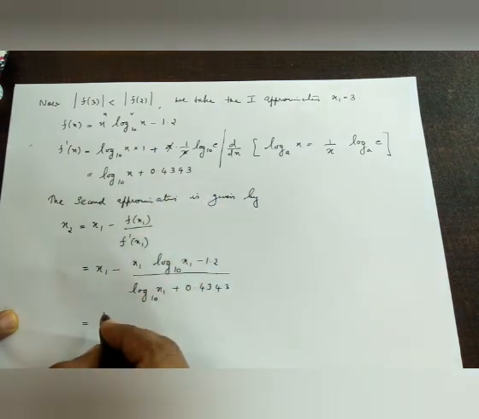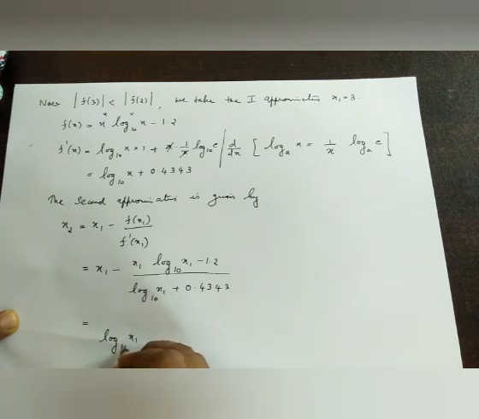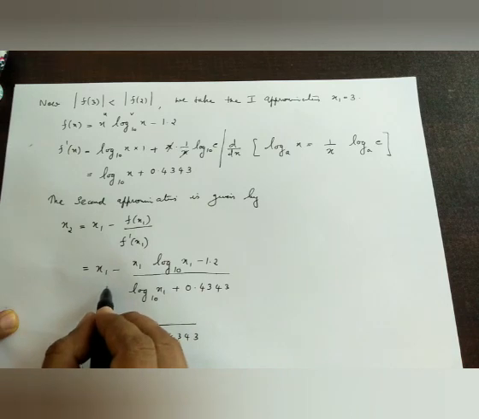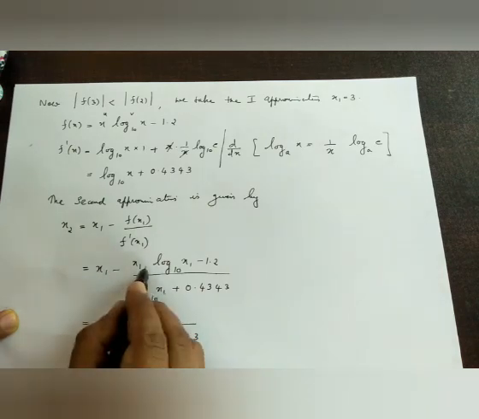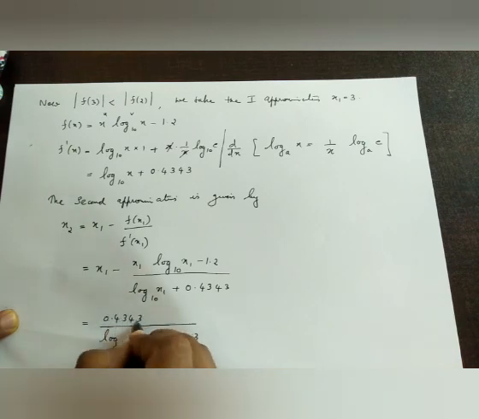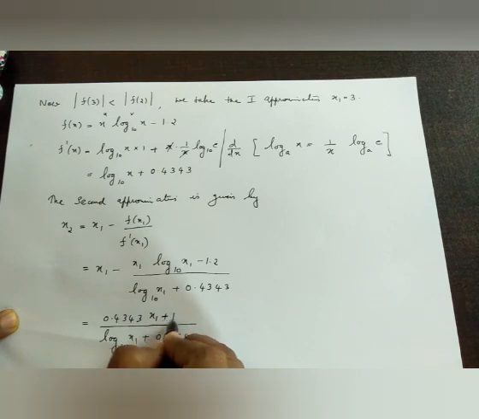This again can be simplified: the denominator is the same, log x1 to the base 10 plus 0.4343. In the numerator, on multiplying and subtracting, we will get 0.4343 x1 plus 1.2.